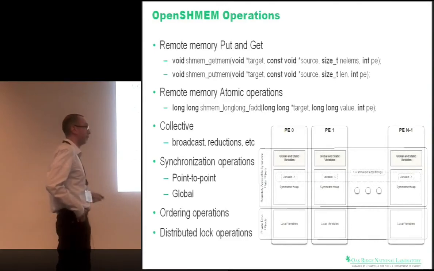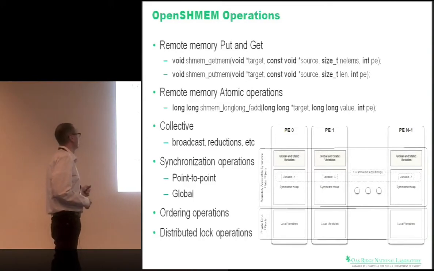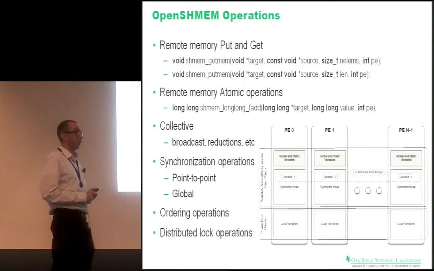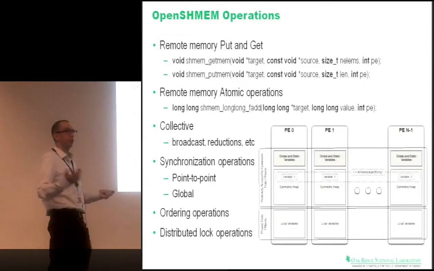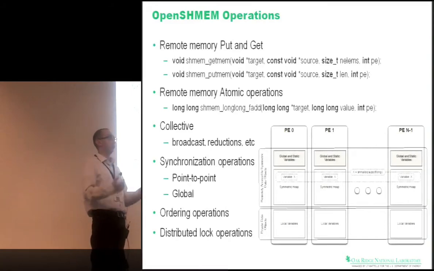We have basic collective operations like barrier, broadcast, and some reduction operations. Nothing special here, it's very standard. We have memory synchronization operations. Essentially, we allow two different types of synchronization. One is global, essentially barriers. We also have point-to-point operations where you wait for some memory to change.